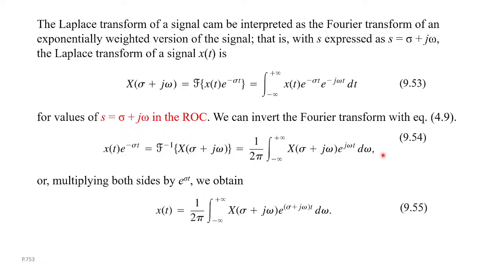If this big X is nice enough that you can do this integral, then you can do the inverse Laplace transform. Then you just multiply both sides by e to the sigma t, and e to the sigma t doesn't affect this integral, right? Because you don't have omega there. So you just calculate this and then multiply by e to the sigma t, and then you get your x of t. I guess that's okay.